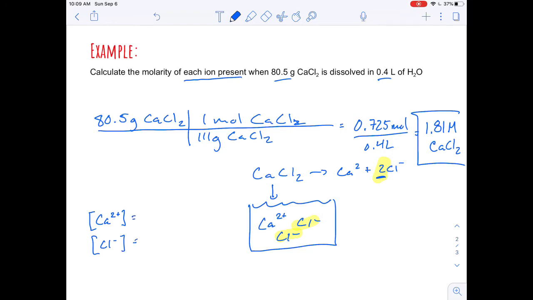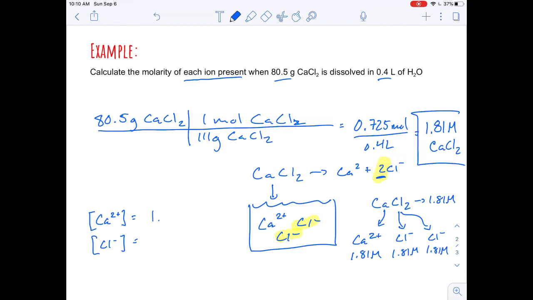What I need you to understand is exactly that picture right there: if this is 1.81 molar, that means when this comes apart, I have 1.81 molar of Ca and I have 1.81 molar of Cl. But I have two Cls.